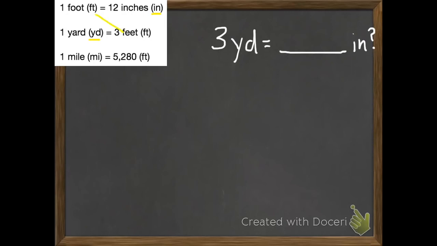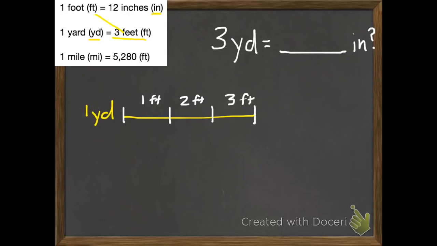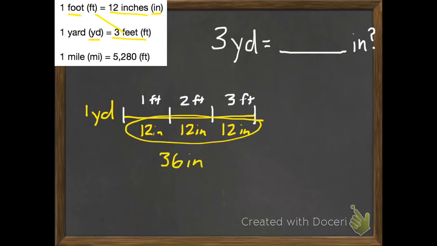If we have 1 yard, and I break that into 3 feet, and then I can take each of those feet and turn them into inches. So each foot has 12 inches. So if we add up all of our inches, we have 12 plus 12 plus 12, or 12 times 3. That's going to equal 36 inches.